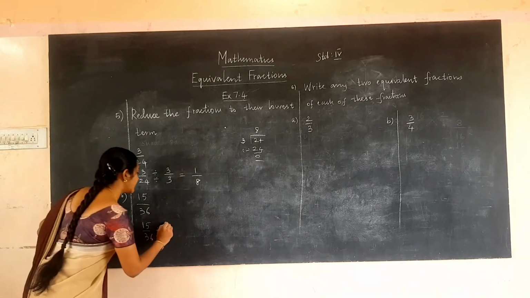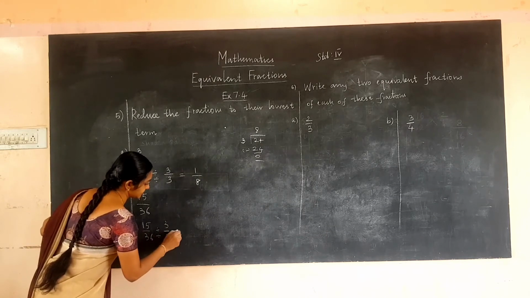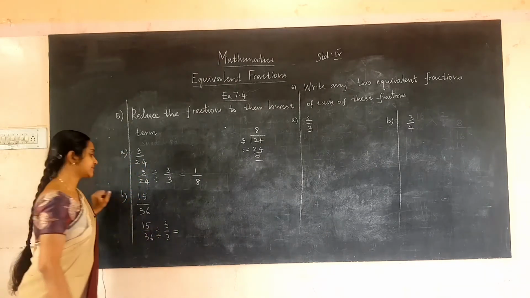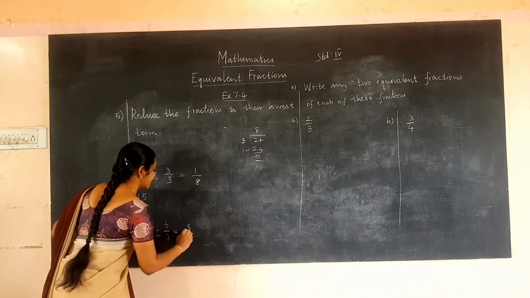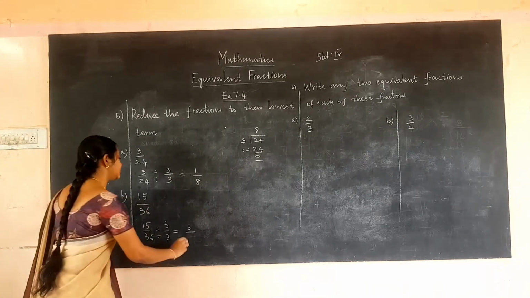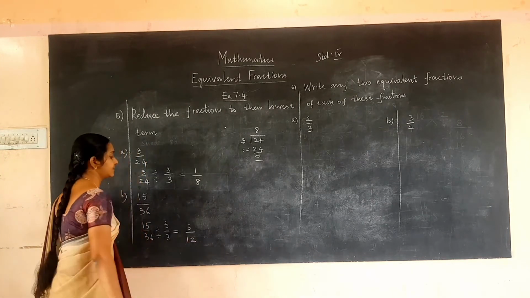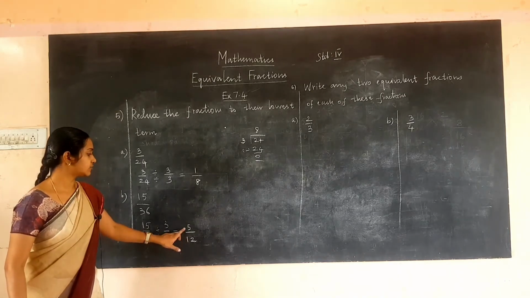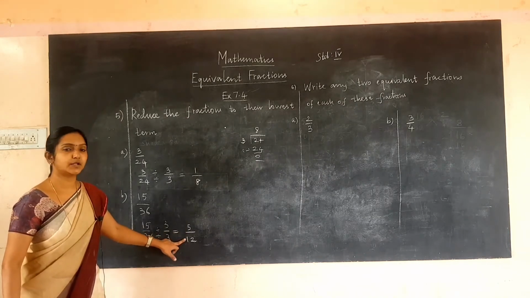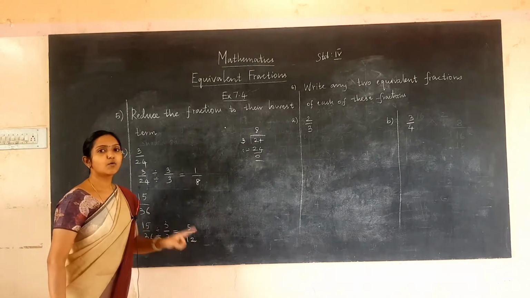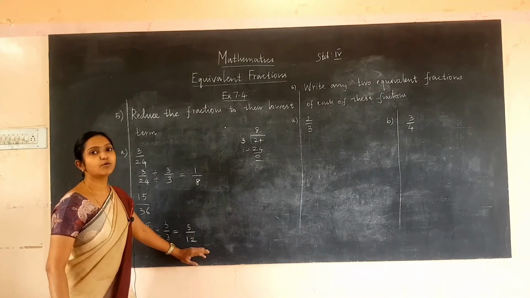So, we are going to divide it by 3 first. 15 divided by 3 is 5 and 36 divided by 3 is 12. We don't find any other factor common for both 5 and 12. The only common factor for 5 and 12 is 1. So, this is the lowest form.